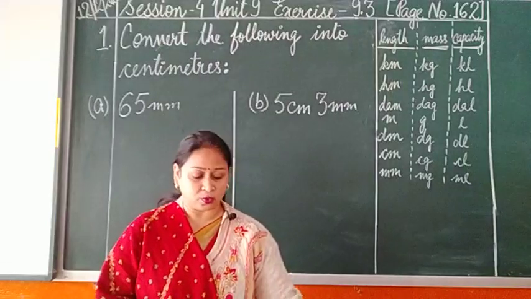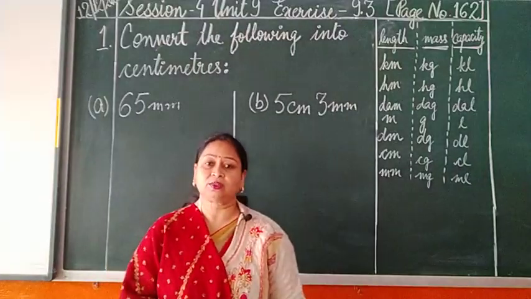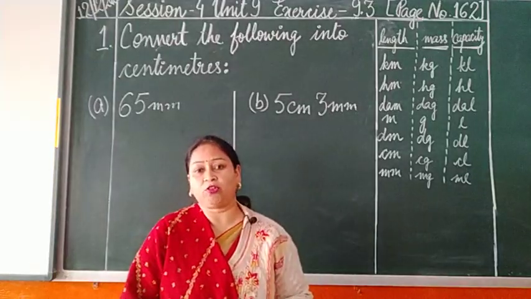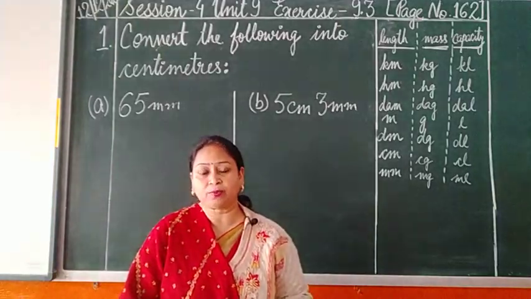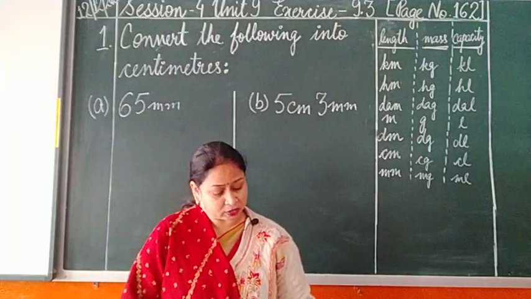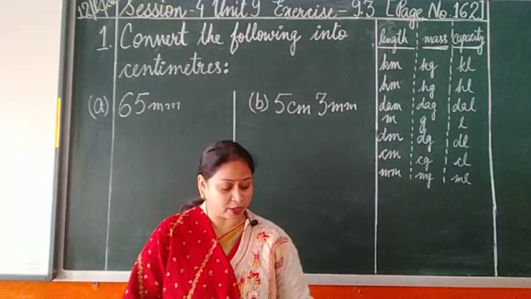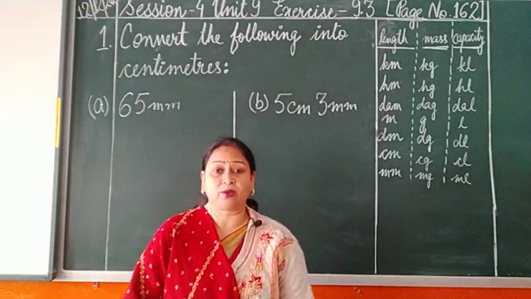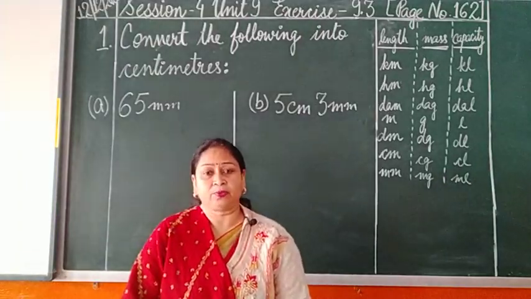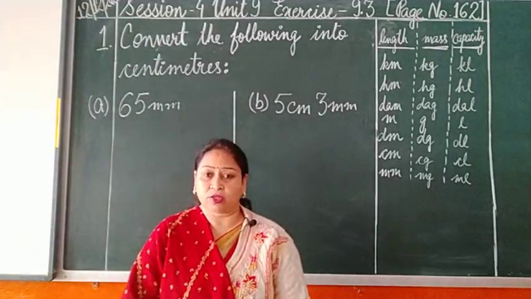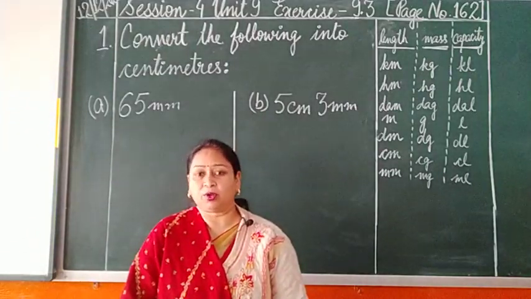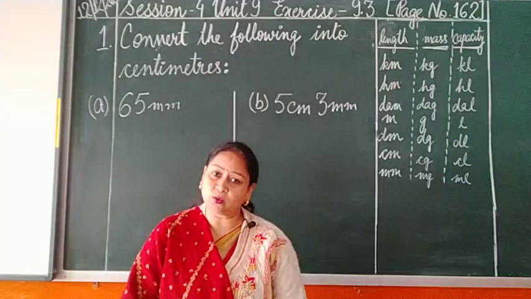Okay. So in previous classes we have learned the table of these metric measures. Then we did exercise 9.2, where we converted the bigger unit to smaller unit, and at that time for each step we were multiplying by the number of places it was asked to convert.